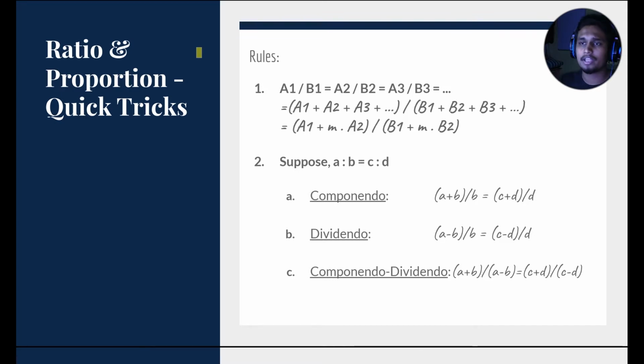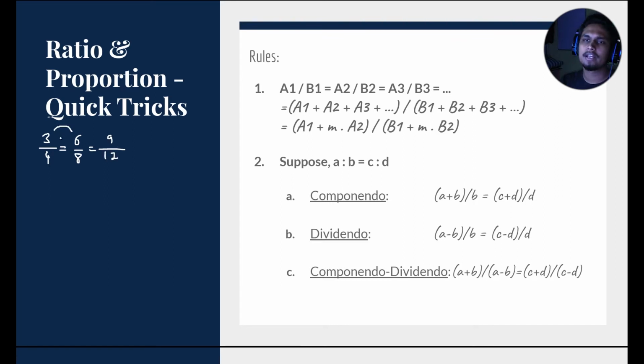Let's see how it works with an example. Suppose a by b, where a is 3 and b is 4, and we take another a as 6 and b as 8, and one more, which will be 9 and 12.